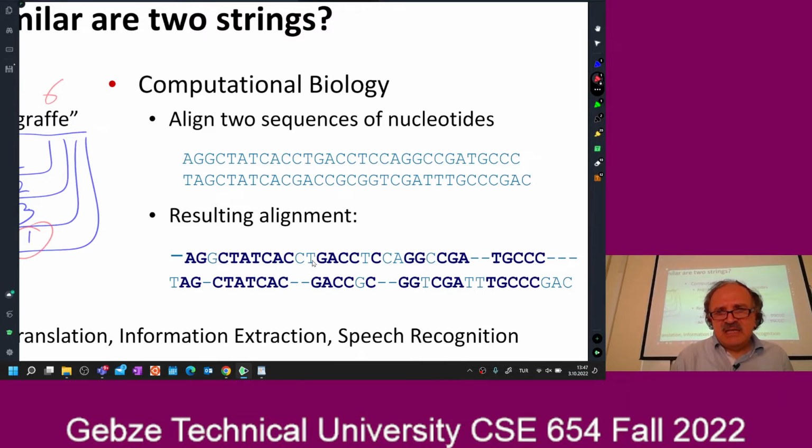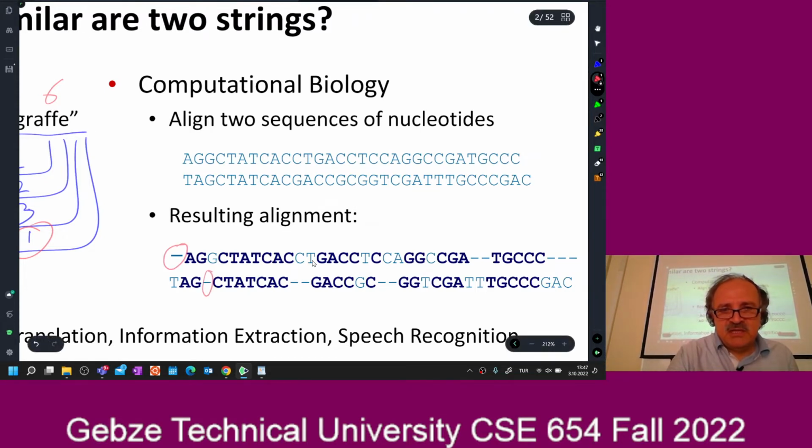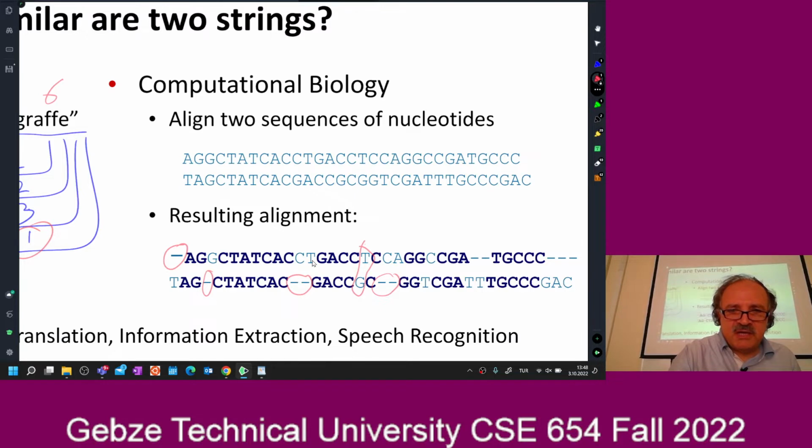I see that these are not the same. One thing you would say is that, okay, these are not the same, but I don't want to do that. I'd like to find the best overlap between these 2. It looks like if I do this insertion here and insertion there, these 2, right? And these 2 and this one, I think these are replacements, right? Just replace it. Okay, maybe why don't I do it this way? Yeah.